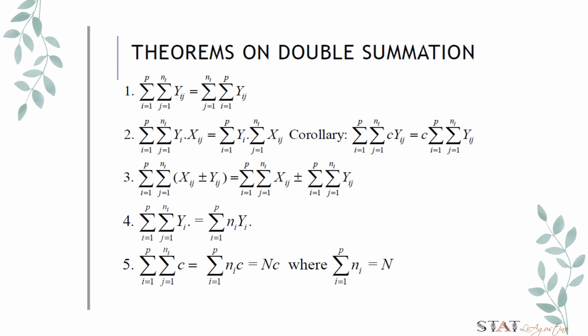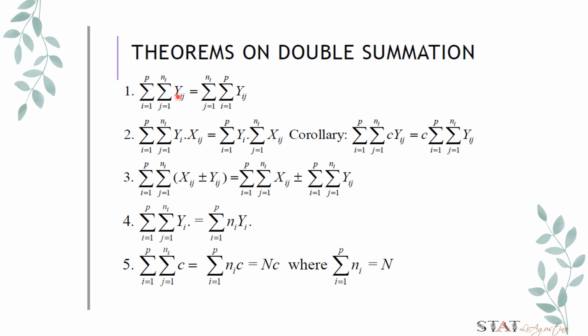Then we also have theorems on double summation. Applying the same principle that we have in one-way summation notation, we can also have these theorems. Number 1, the double summation of yij, where j ranges from 1 to ni and i ranges from 1 to p, is also equal to the double summation of yij, where i ranges from 1 to p and j from 1 to ni. So what are the changes here?